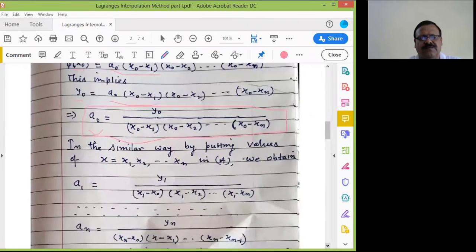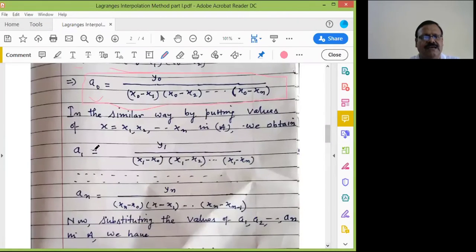In the similar way, we put x equal to x1, then x equal to x2, so forth, so on, and x equal to xn in A. You can correct it for yourself respectively.